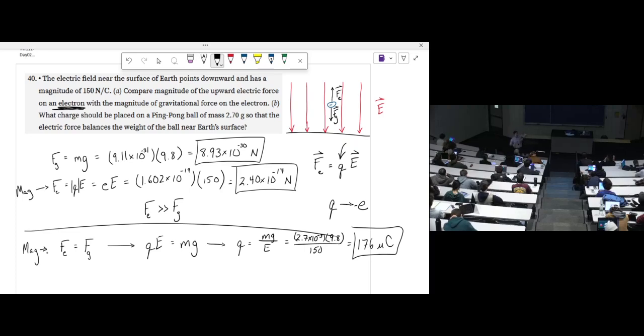Okay, so yeah, it's talking about an electric force to counterbalance gravitational force. Therefore, we need an electric force going up. And when the electric field is pointed down, the only way we get an electric force going up when the field is down is if the charge is negative. And so in this case, Q, at least when we're not just talking about magnitude, is going to have to be negative 176 microcoulombs. Good.